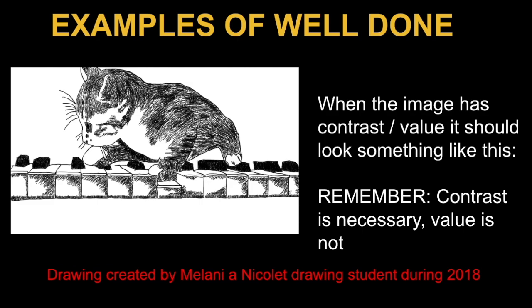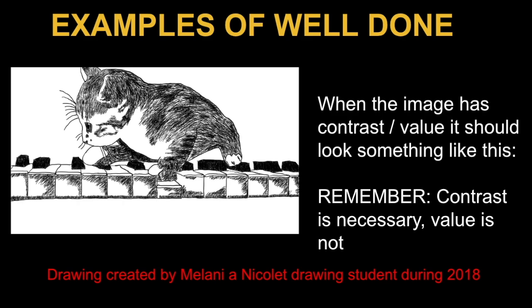Yes, there are some negative spaces on the left and the right of the kitten, as well as underneath the keyboard of the piano. But what you're seeing here is you can definitely see each part of the kitten. Parts of it are darker so that it really stands out. And then you can also see those black keys. Because they are totally filled in, they stand out from the other keys.